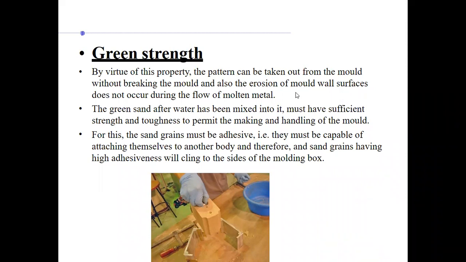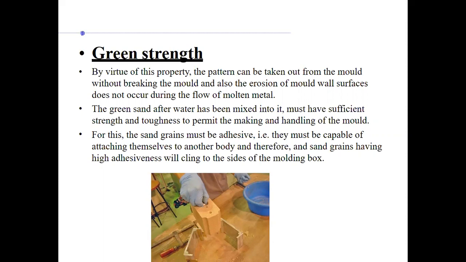Also, the erosion of mold wall surfaces does not occur during the flow of molten metal. So that when we are taking out the pattern, the mold shouldn't break, and there shouldn't be erosion of mold walls during the flow of molten metal. That's what we indicate as green strength.